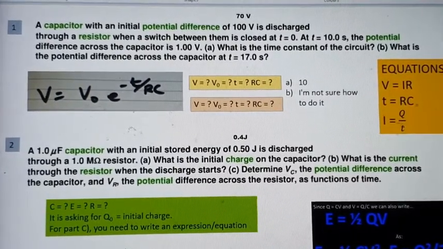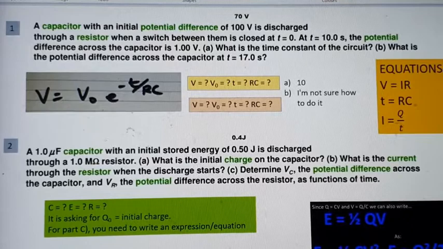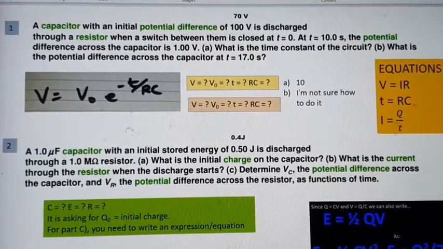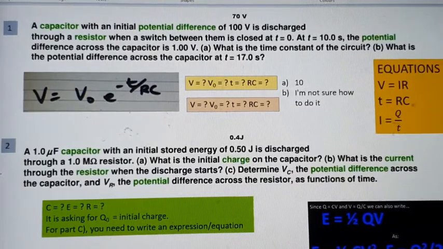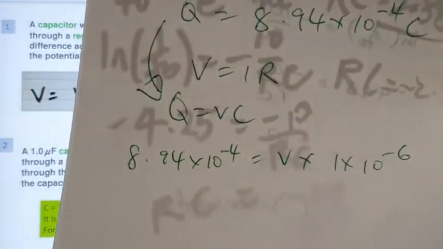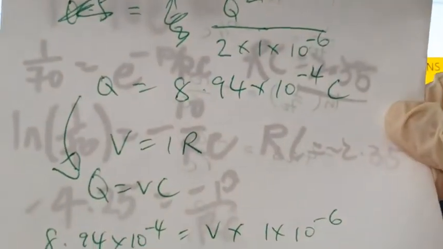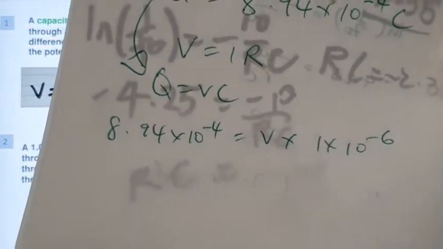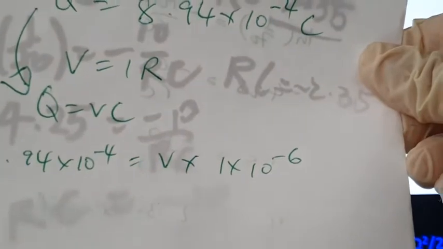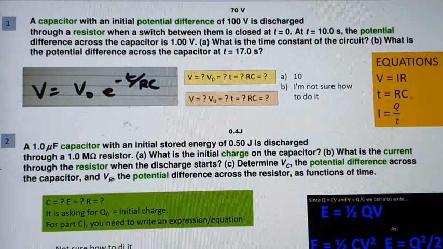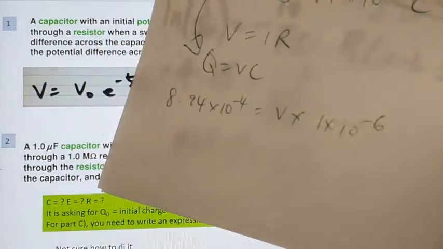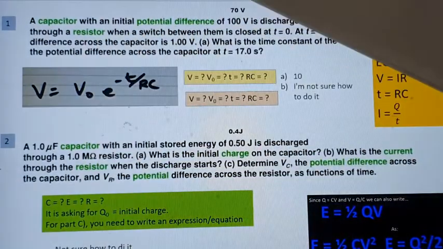So 8.94 times 10 to the minus 4 equals V times C, and C is 1 times 10 to the minus 6. So 8.94 times 10 to the minus 4 is Q, the one that we worked out earlier. You don't know V, and you know C is 1 times 10 to the minus 6. Do we know R? Yes, you do know R. R is 1 times 10 to the 6.